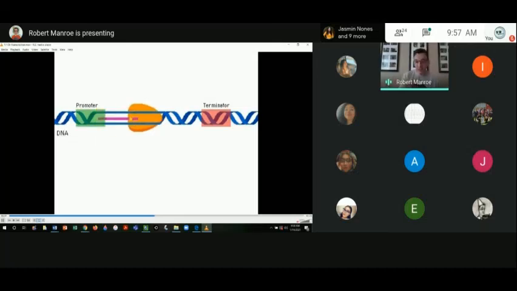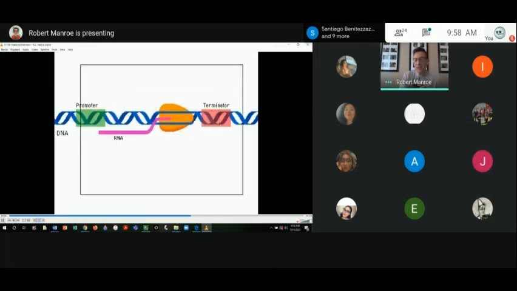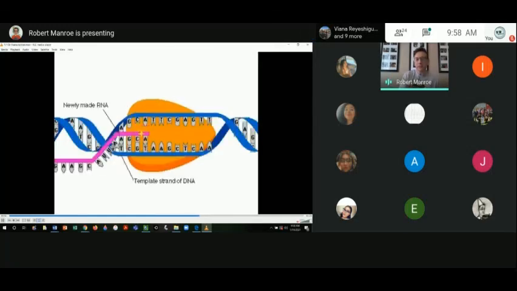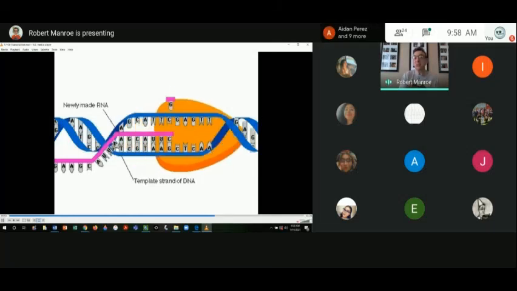The RNA polymerase binds to the gene. It reads the gene, linking nucleotides together, forming your immature or pre-messenger RNA. And here they're showing you base by base with a little hint about the fact that ATP moves during this process.